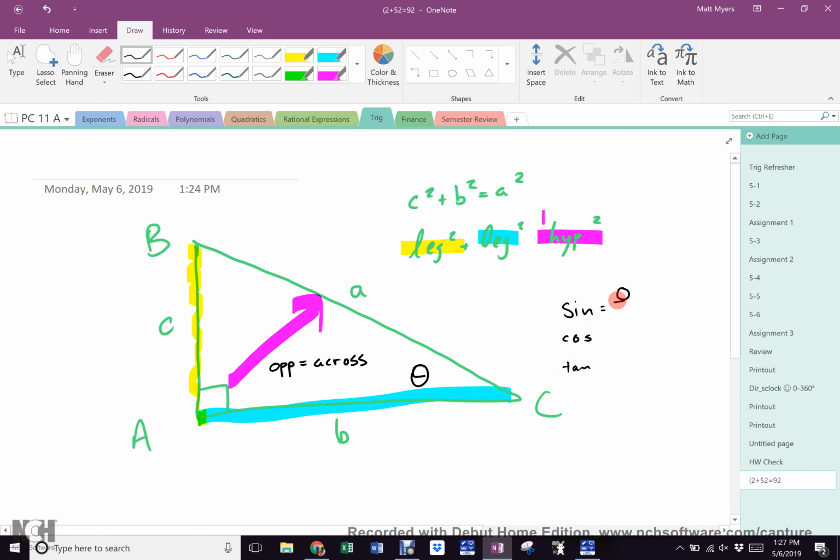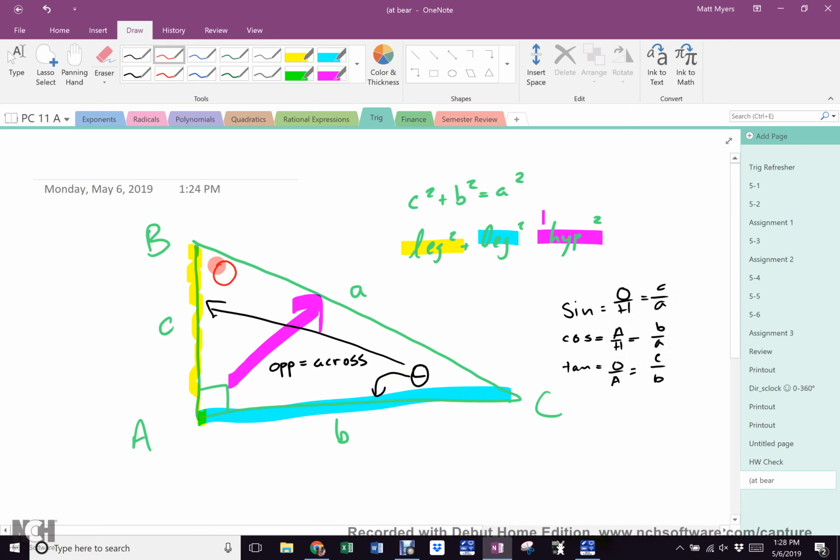Sine is O over H. O stands for opposite, so I must go across. And what do I hit? C, over hypotenuse A. Cos is A over H, which means I go beside: B over A. And tan is O over A, which means it is C over B.